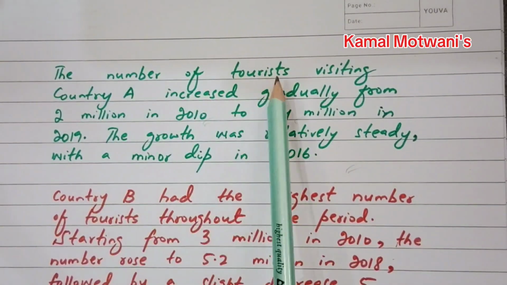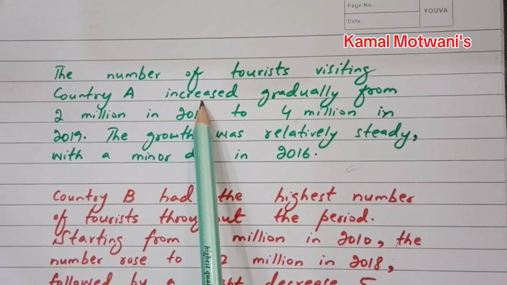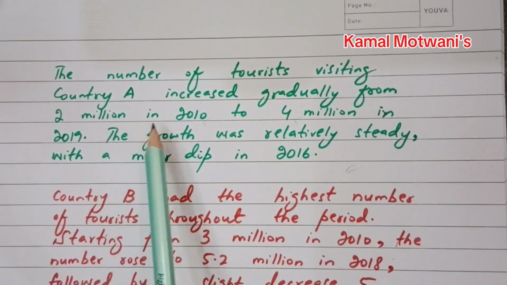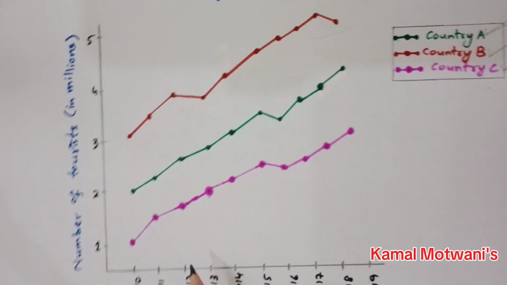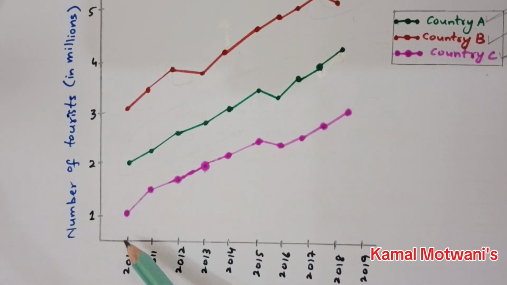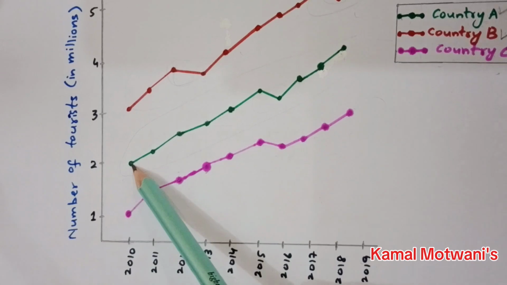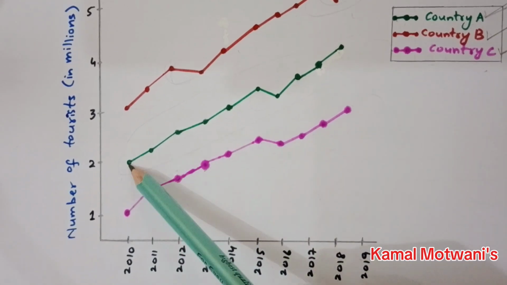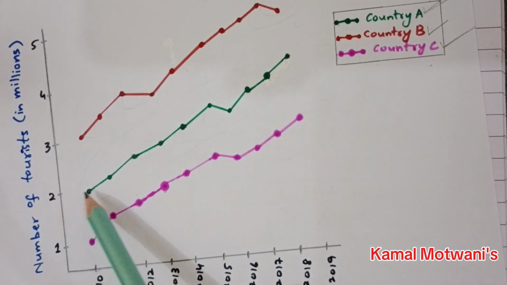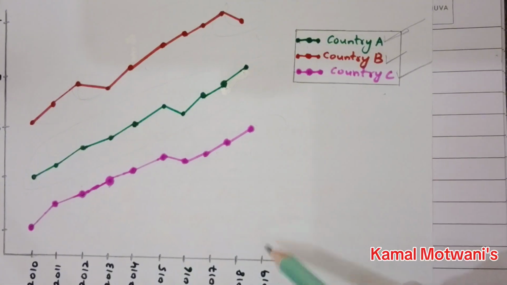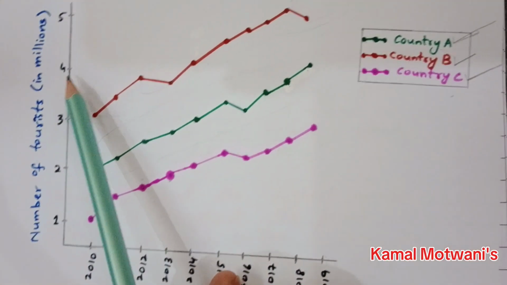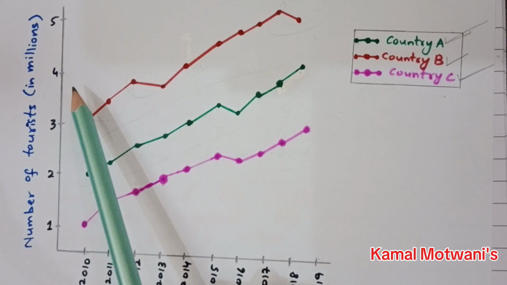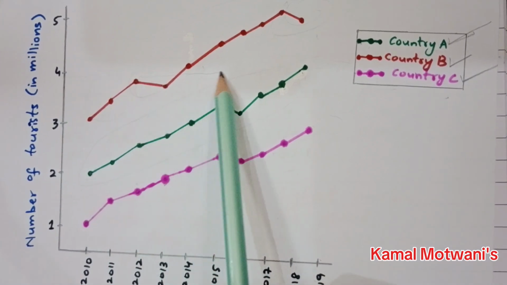The number of tourists visiting country A increased gradually from 2 million in 2010 to 4 million in 2019. See, in 2010, this country A, the green ink, they were 2 million, and in 2019 they were 4 million.